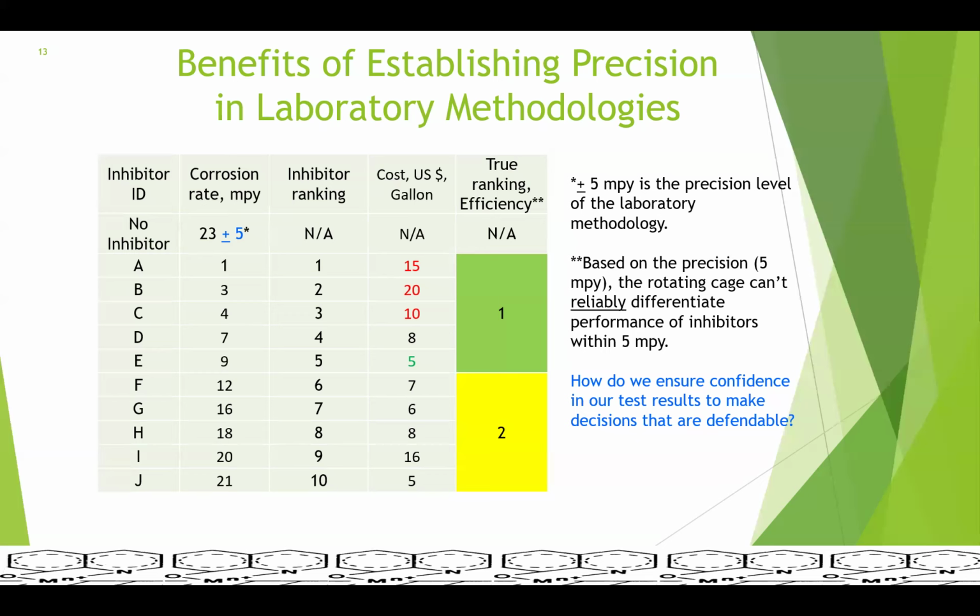What it means is that the performance of inhibitors A to E are almost the same, within the precision statement. In other words, they all have the same level of inhibitor efficiency. So in that process, we could select inhibitor E, which has lower cost and the same efficiency. That is the basic benefit of establishing precision of laboratory methodologies.